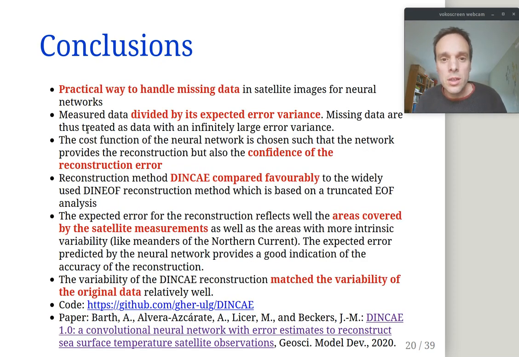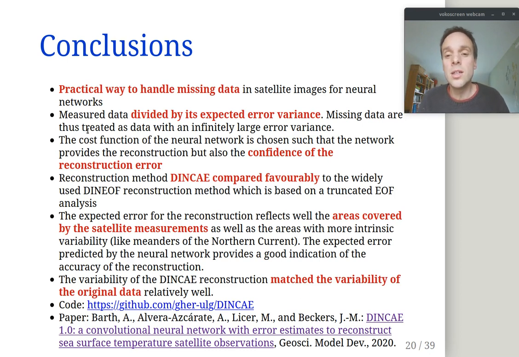So I think we demonstrated a practical way to handle missing data, to train a neural network with missing data. And it's fairly simple. You're just using the data divided by the expected error variance, and the error variance for missing data will just be infinitely large, and using this inverse of error variance as input as well.